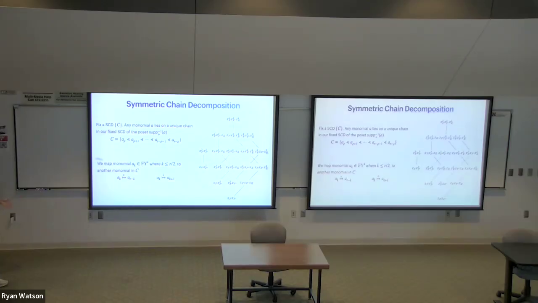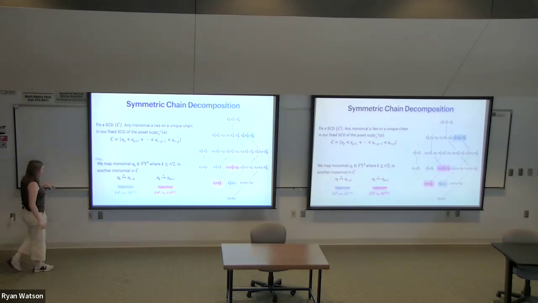So then what we do is map our monomials along this chain. If I want to create a map from a degree k monomial to a degree r minus k monomial, I just go to the complementary position along the chain. And if I want to map it to the next one, I just map it along the chain as well. I have that here.